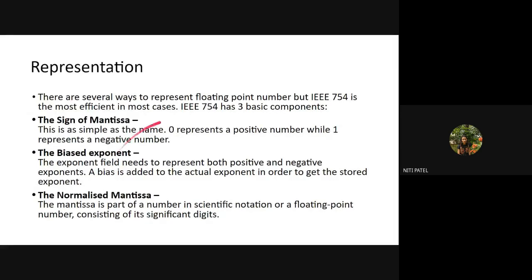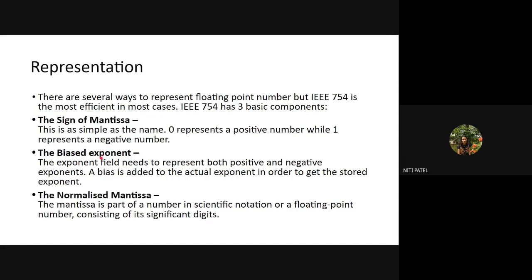Again, if it is positive, we will add it with 1023. If it is negative, we will subtract it from 1023. And whatever value we get after addition and subtraction, that value is converted into binary and it is called the biased exponent. Okay, this will get clear when we solve one sum.